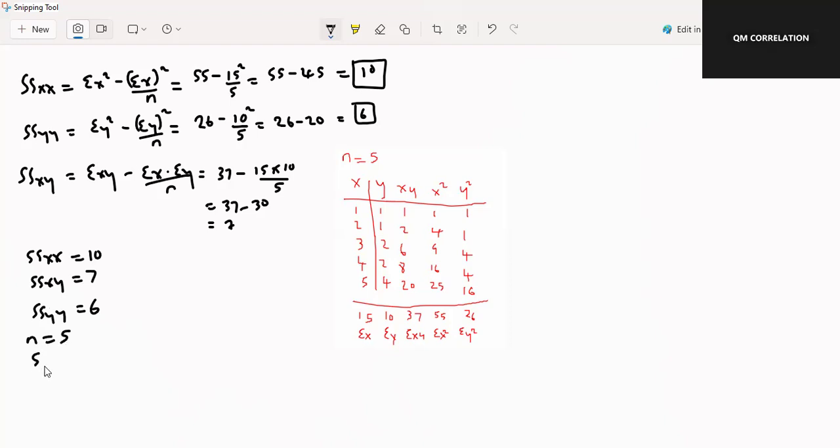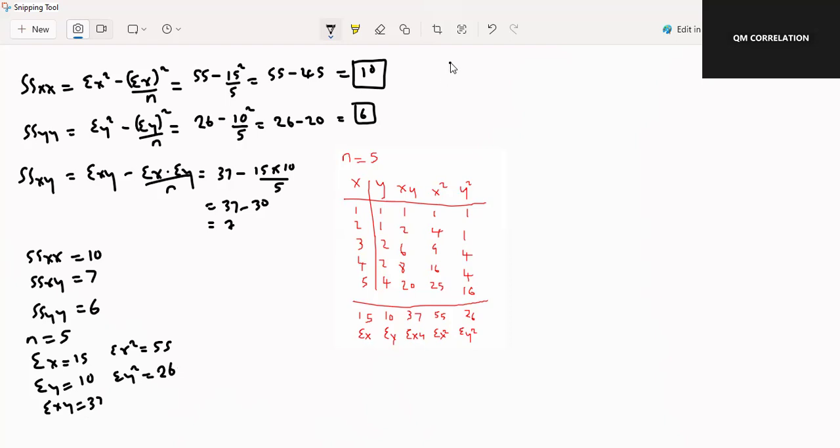Our summation of x? 15. Our summation of y? 10. Summation of xy? 37. And our summation of x squared? 55. And our summation of y squared? 26.